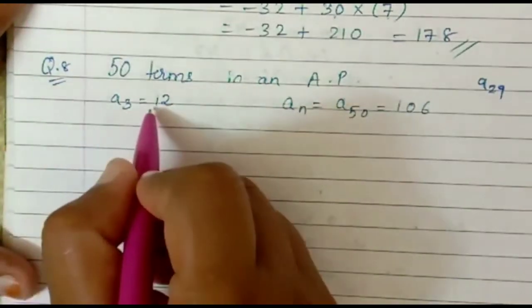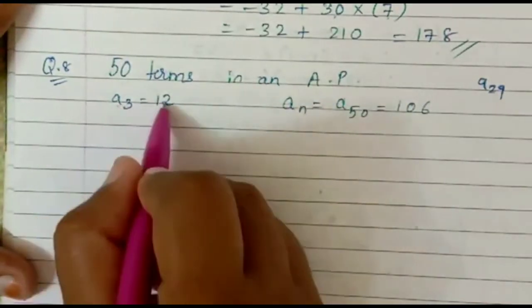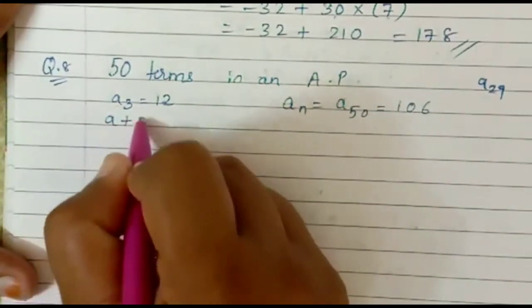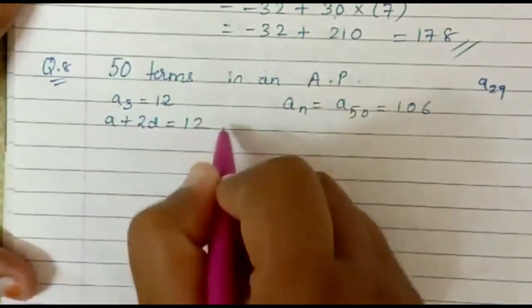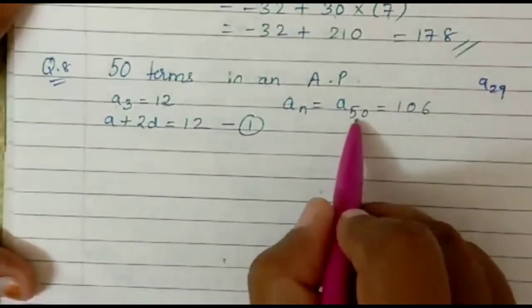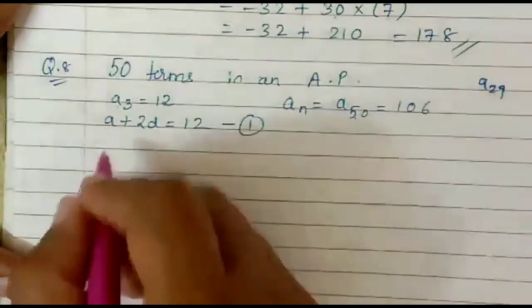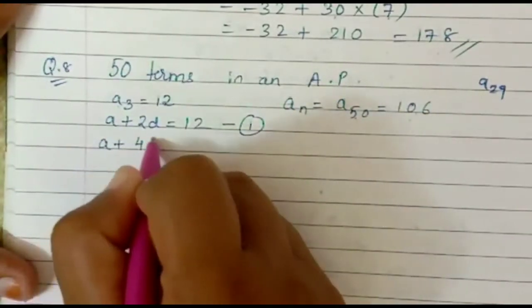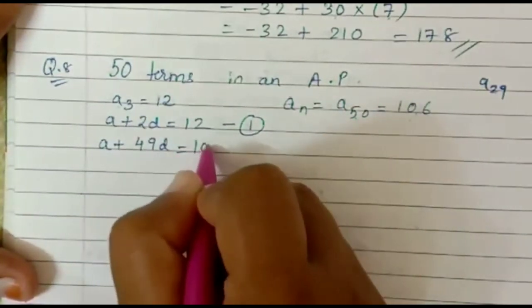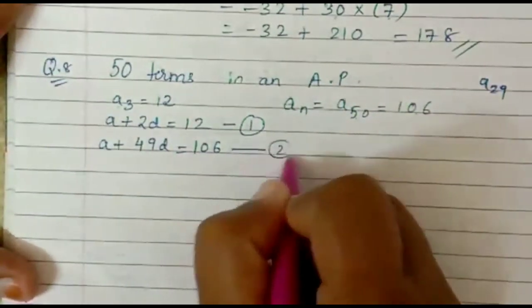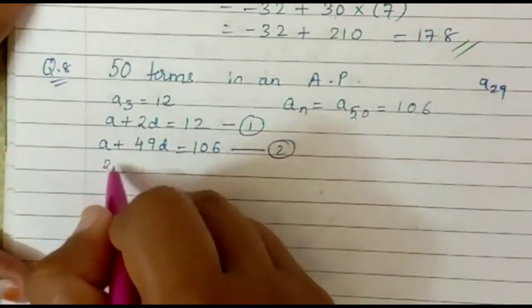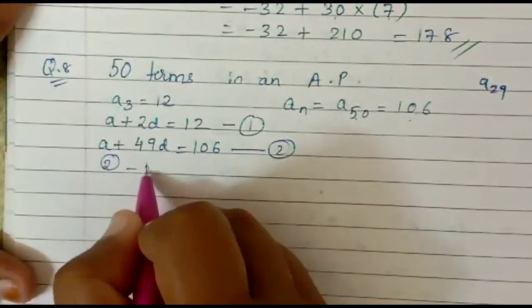So first of all, now we will do it a little more directly. This A3 is 12, so I can write directly a plus 2d is equal to 12, result number 1. In the same way, A50 is 106, so this can be written as a plus 49d is 106. This is result number 2. Again the same pattern, result number 2 minus result number 1.